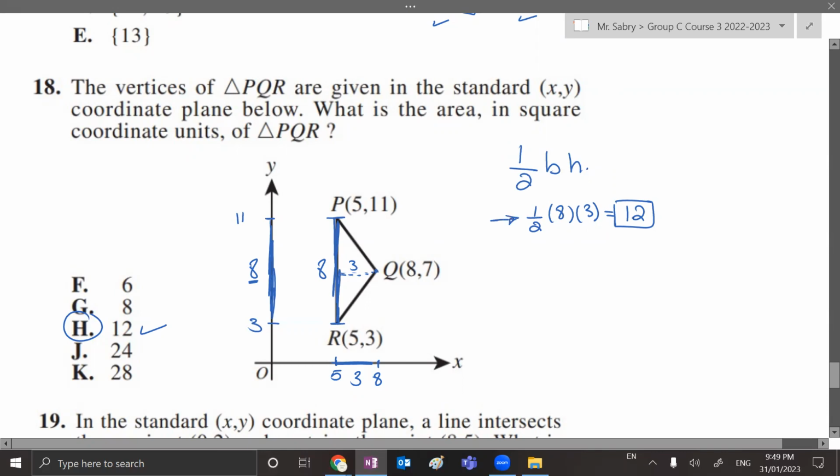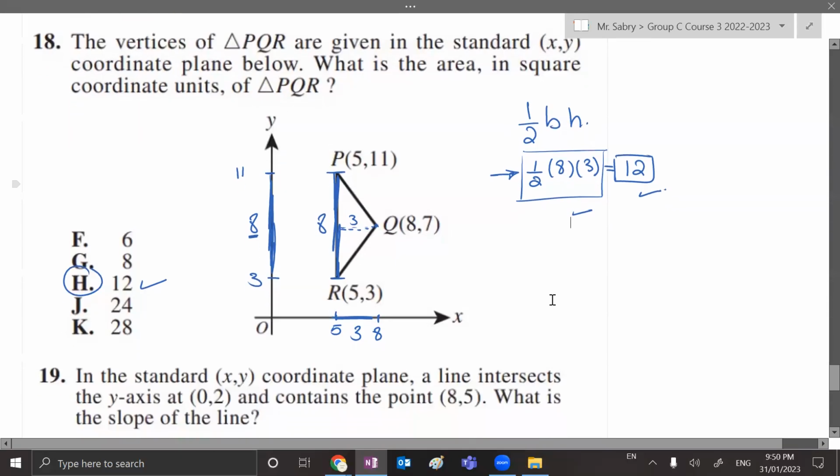Just put half times 8 times 3 on a calculator. If you got the base and the height right, then there are no mistakes, unless you did half twice. If you do it on a calculator exactly as it's written here with the brackets, it should get you the answer. I did the height by half, then I did the whole thing by half again. Yeah, probably. Okay, thanks. Most welcome.